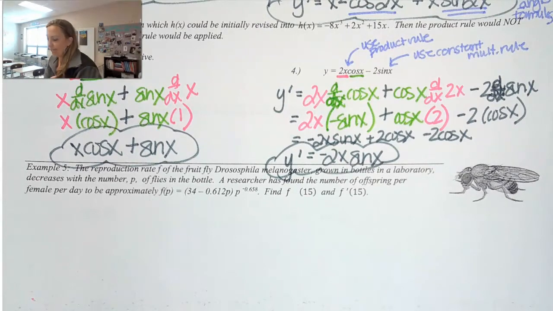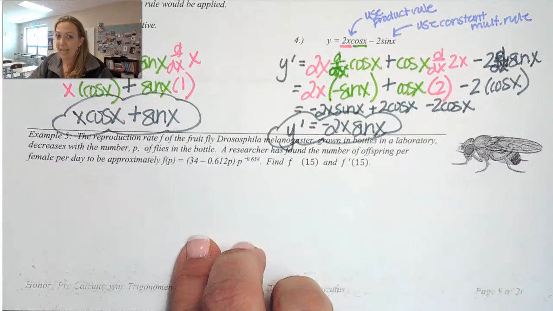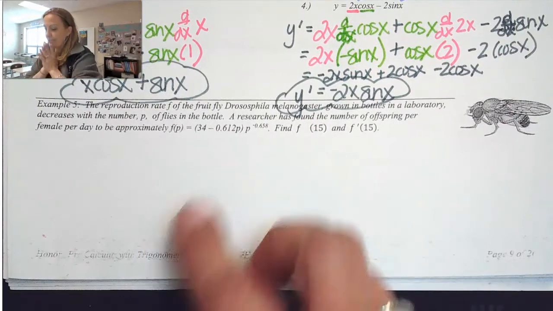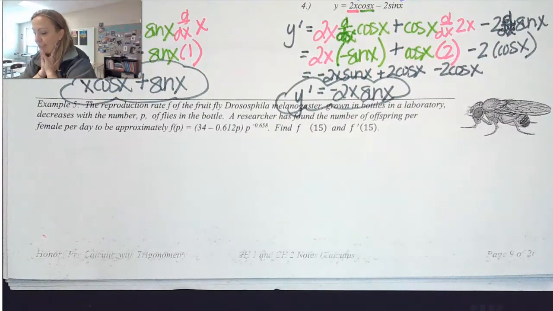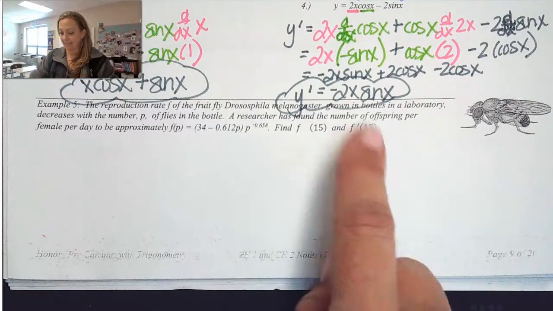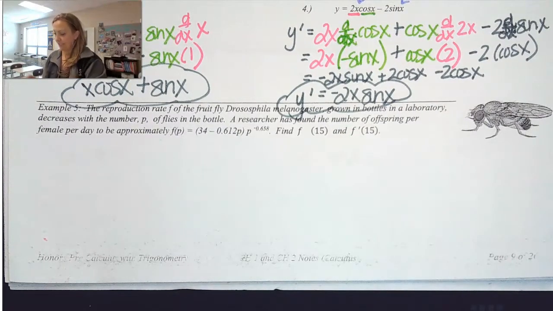A researcher has found the number of offspring per female per day to be approximately f of p equals 34 minus 0.612 p, times p to the negative 0.658. The first thing it asks us to do is to find f of 15, and then it asks us to find f prime of 15.